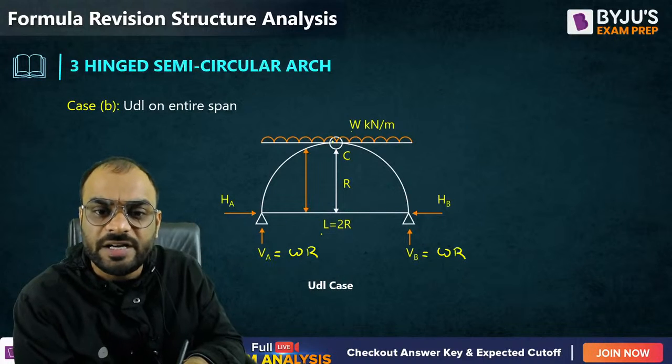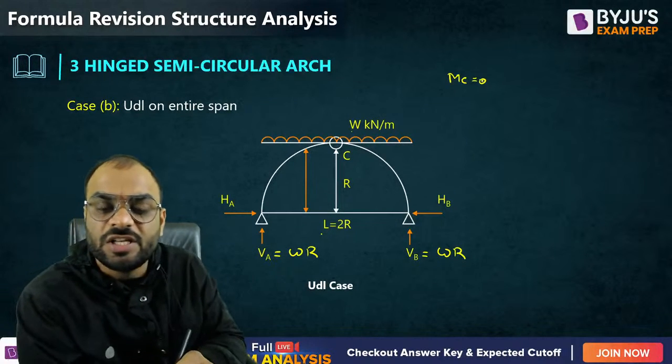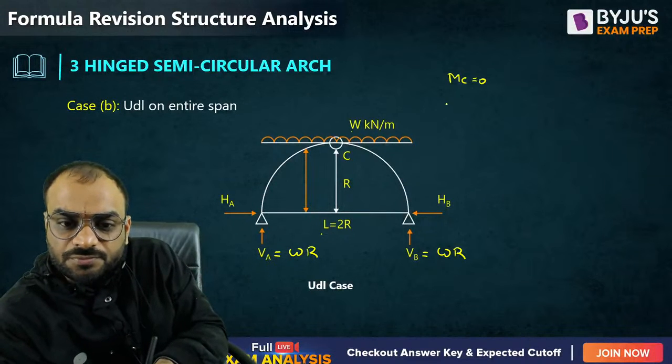while considering moment at C is equal to 0. हम ये कंसिडर कर लेते हैं moment C पे 0 है, तो HA और HB कितना होगा निकाल लेते हैं बच्चों.